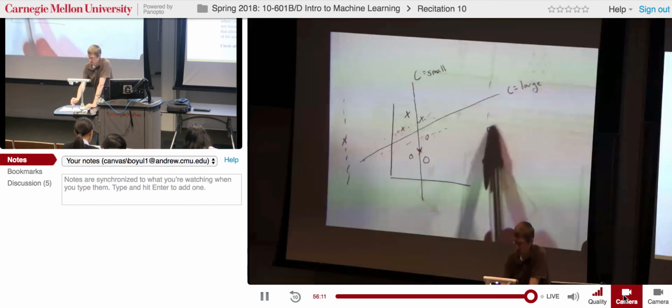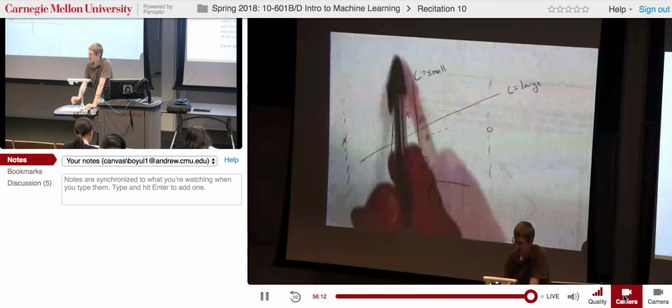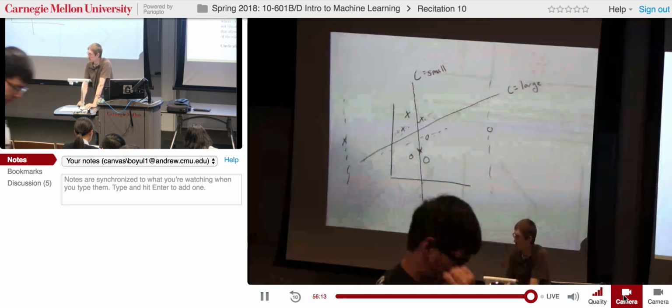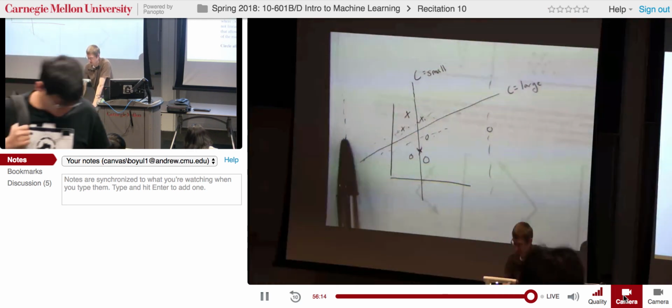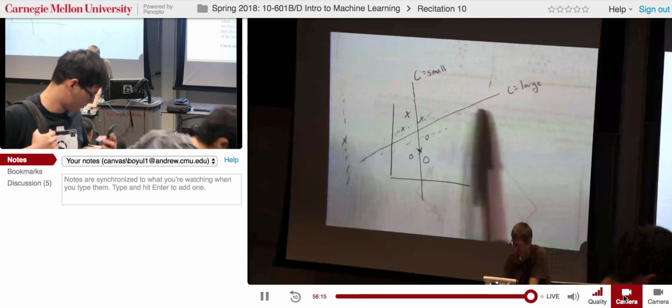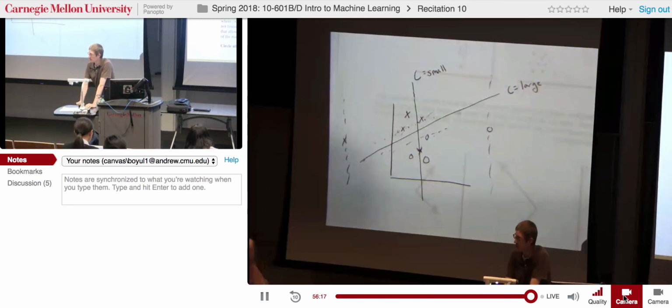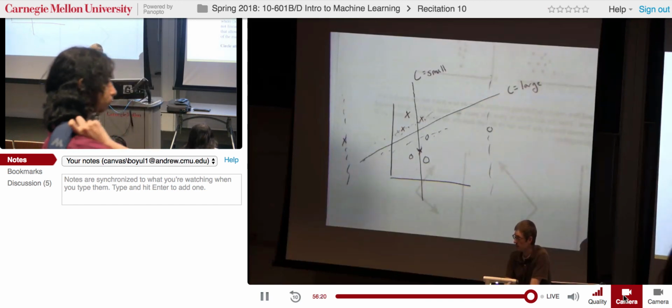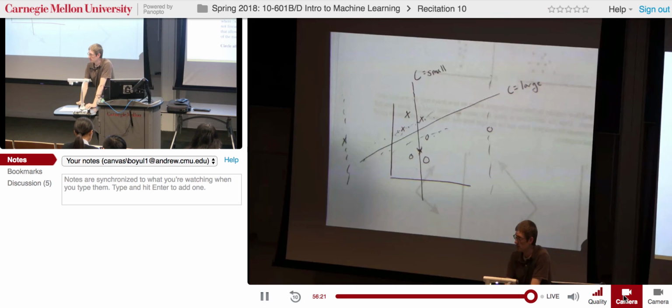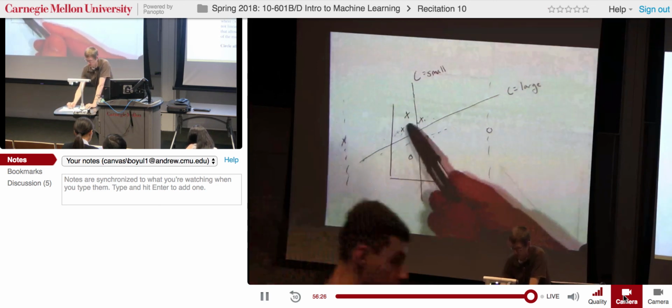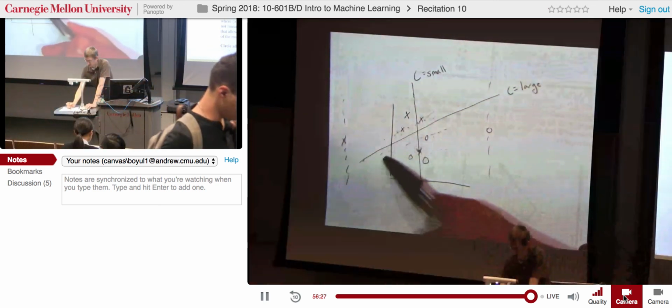Yeah, but to be shatterable, it means there needs to be some 3 points that, for any labeling of them, you can do it with your hypothesis space. I do see what you're saying, that with plus, minus, plus in a line you wouldn't be able to get a rectangle. But there is some way of placing 3 points so that you can put any labeling and get a rectangle. If they're all negative, you just put the rectangle somewhere else.